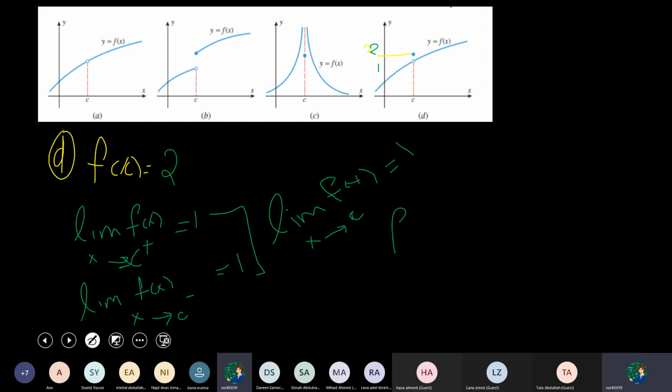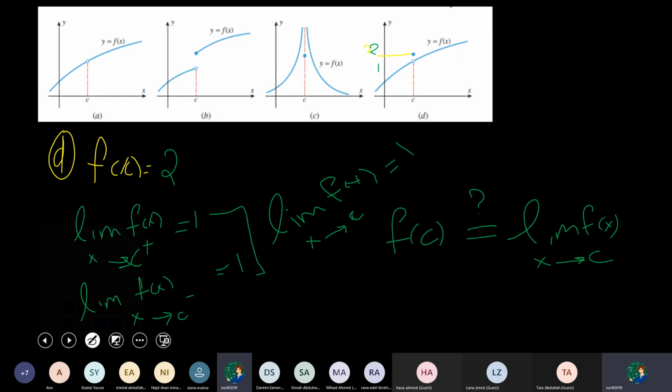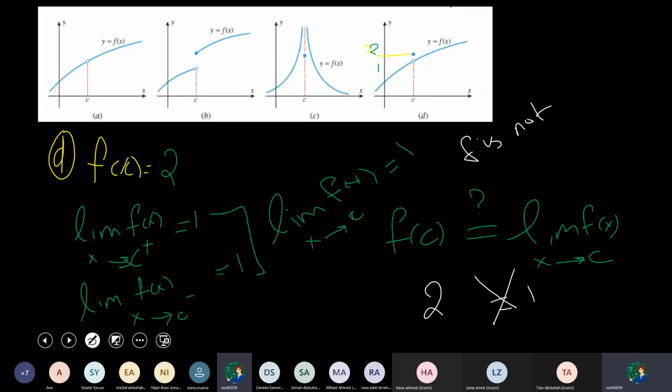Is the f of c equal to the limit of the function when x approaches c? No, because the f of c is 2 and the limit is 1 and they are not equal. So I can say also in D that the function is not continuous at x equals c.